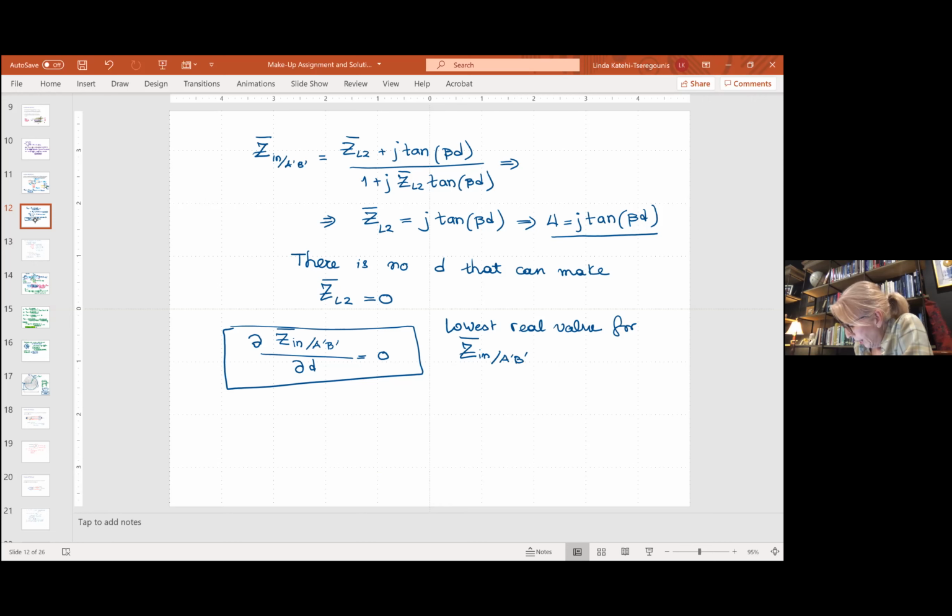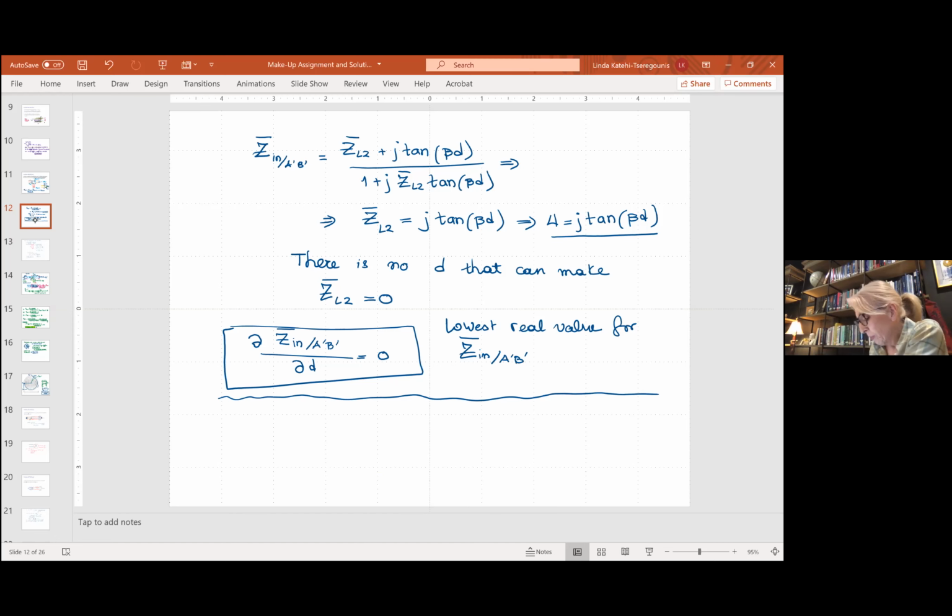And so that implies that we need to find the lowest possible real value, because if it's not real, with the complex numbers, it can become very large, having an imaginary part as well.